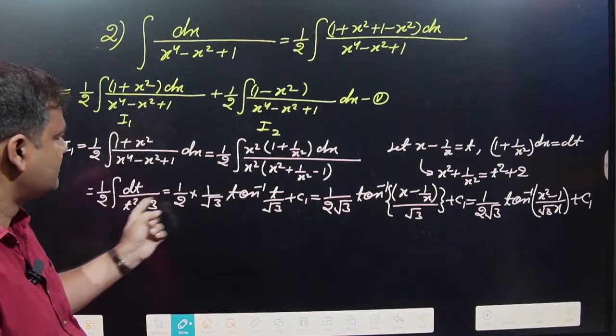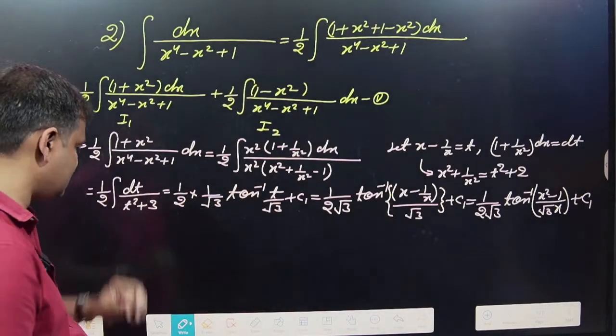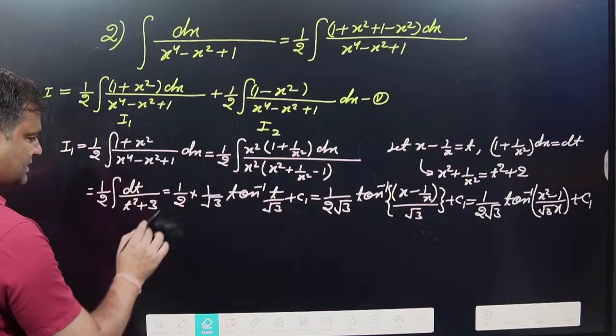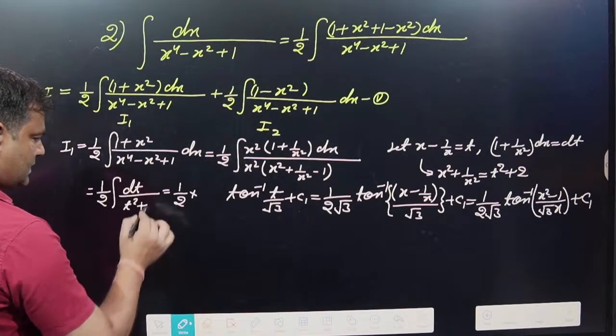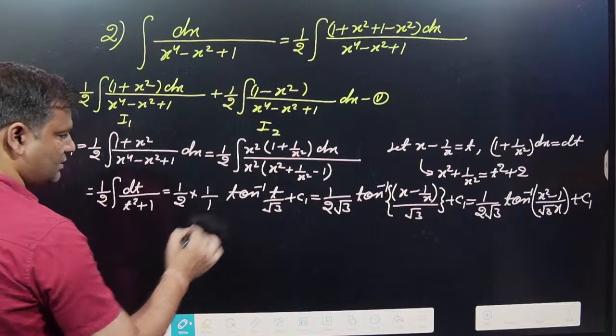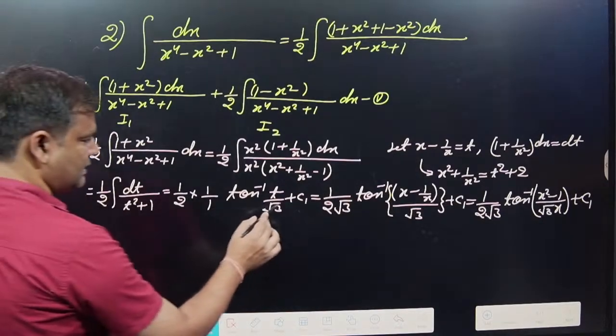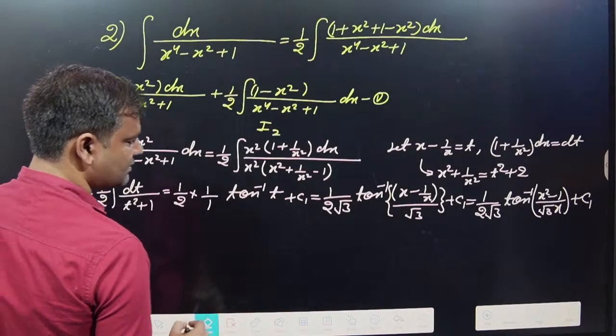Silly mistake here: it is t square plus 2, so here 1 upon 1, and that one is basically t simply.